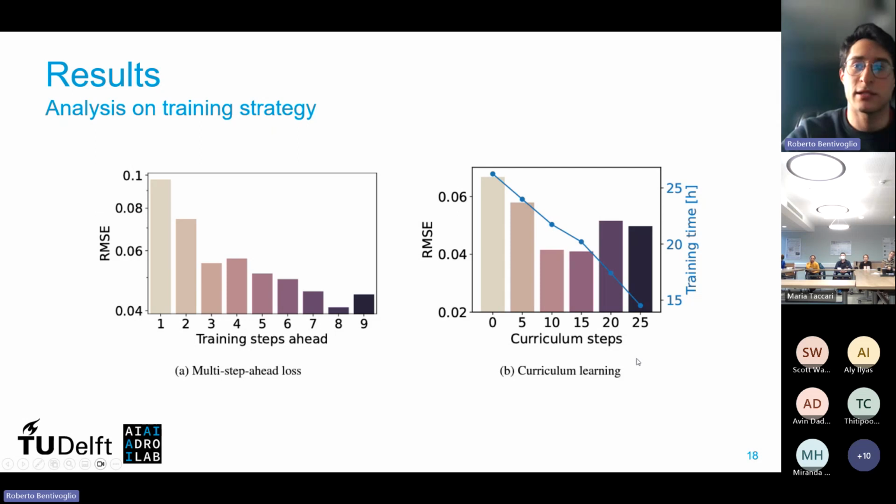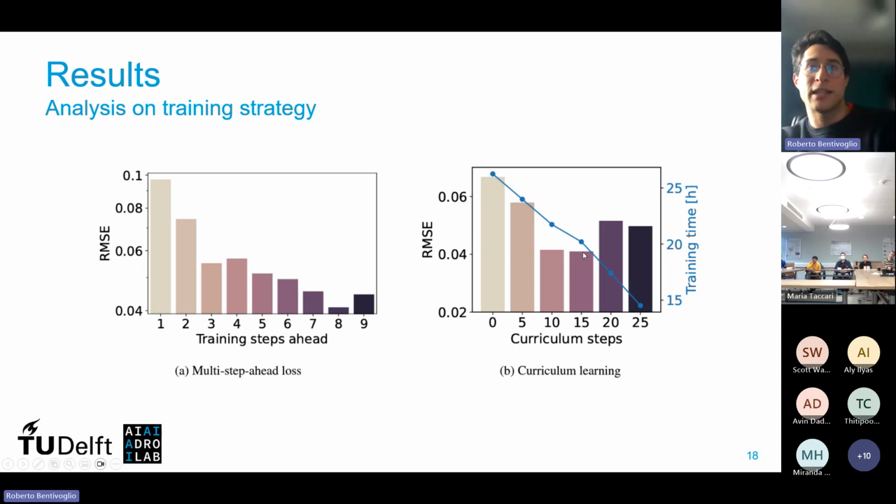So basically what is being said here is that we're changing these values here, 0, 5, and so on, which are the number of epochs after which we're changing our curriculum step, after which we're increasing the time steps in the training.